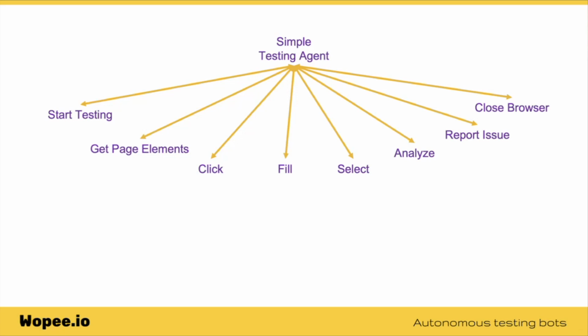My simple testing agent does not use any special memory like RAG or a fine-tuned model. I just skip that. I'm using tools, and these are the tools. I have a tool called start testing. Then I'm getting page elements. Then I have tools for click, fill, select, analyze, report issue, and close browser. So these are my tools.